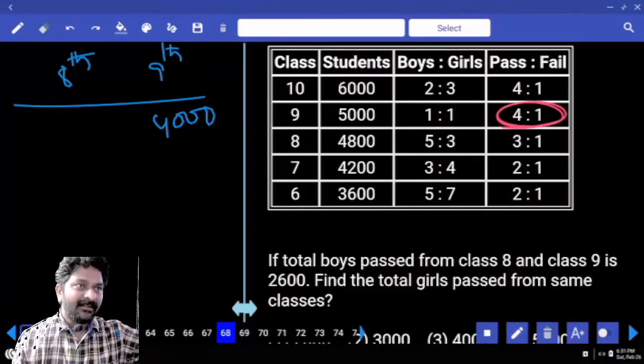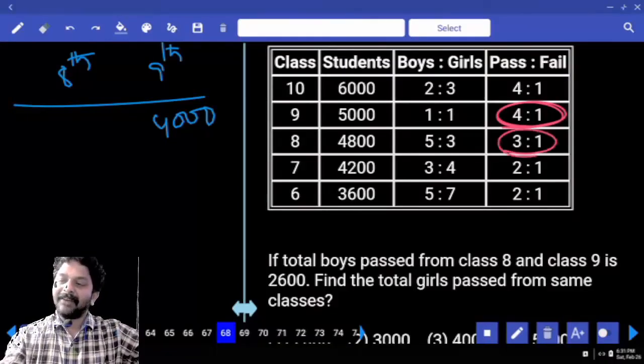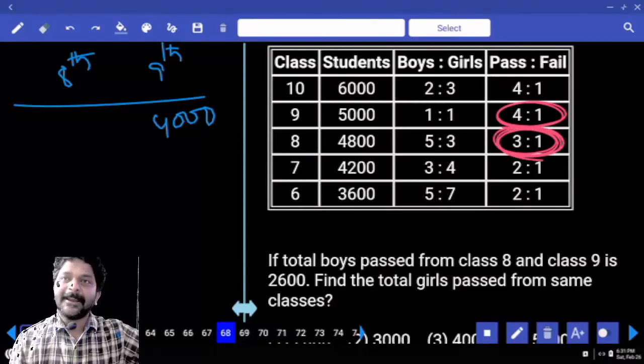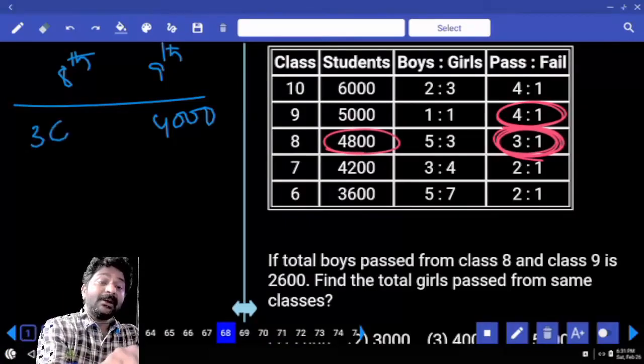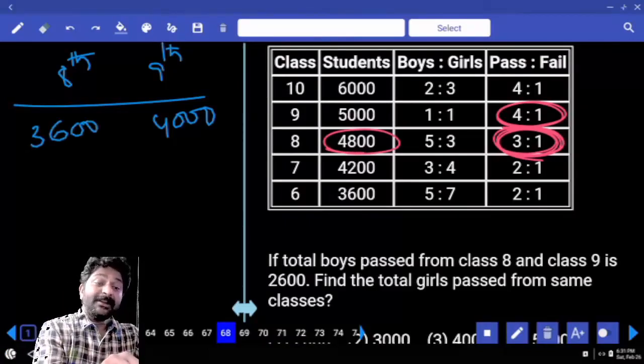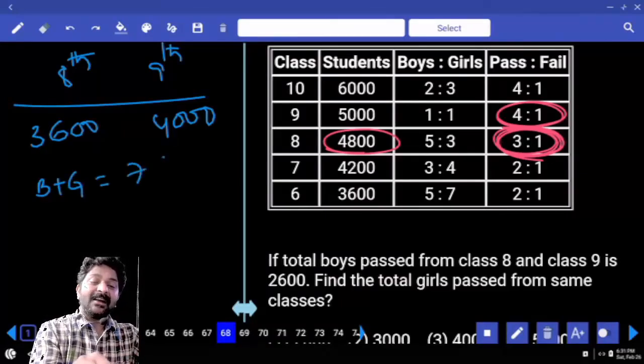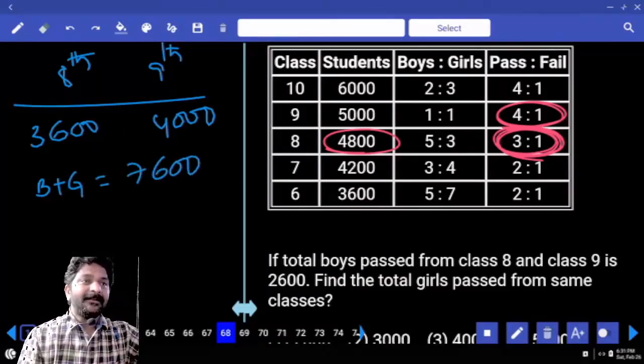Reuse the data. Next, here 1/4 are failures and 3/4 are pass candidates, correct? What is 1/4? 1200. 3/4? 3600. That means total boys and girls who passed are 7600 only.